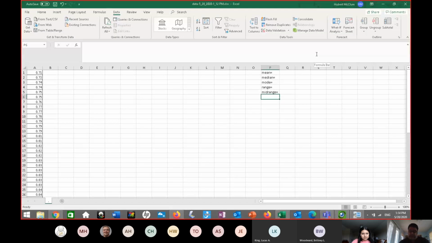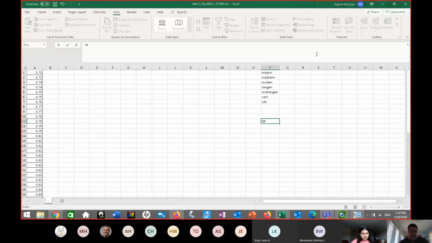Variance and standard deviation. And I'm also going to do the 5-number summary. Why? Because this one's got a lot of numbers, and the 5-number summary is best done when you've got a lot of numbers.